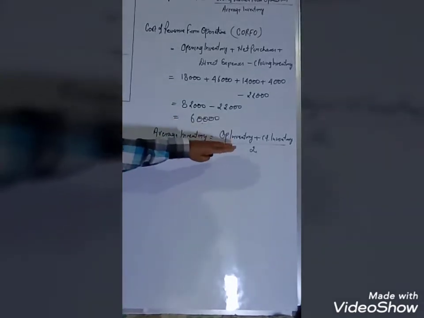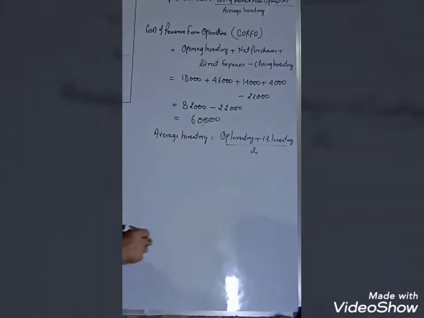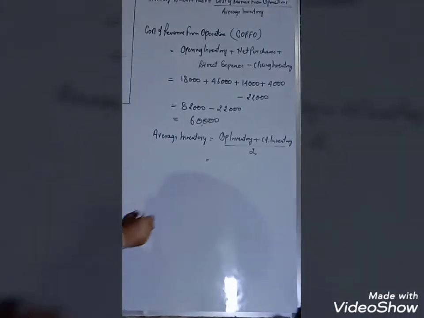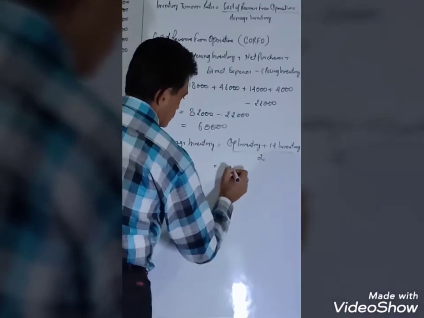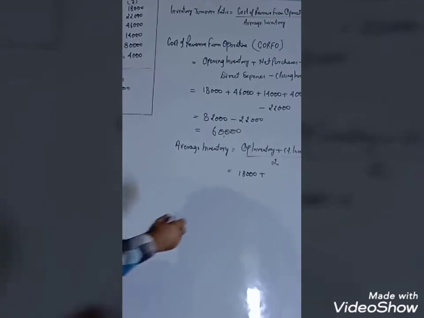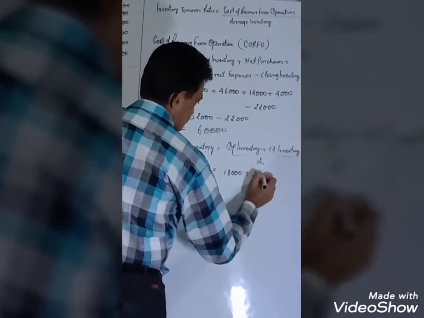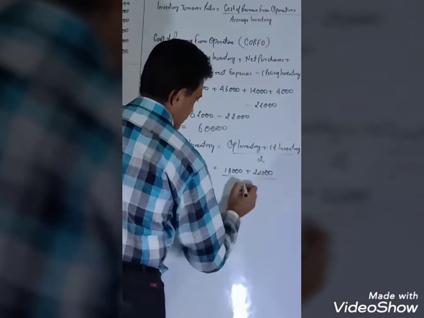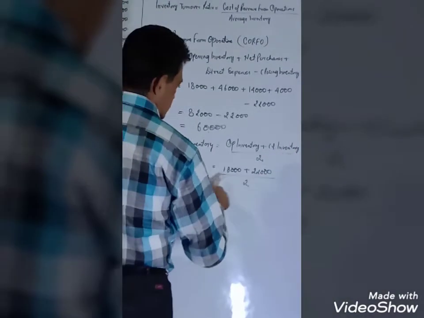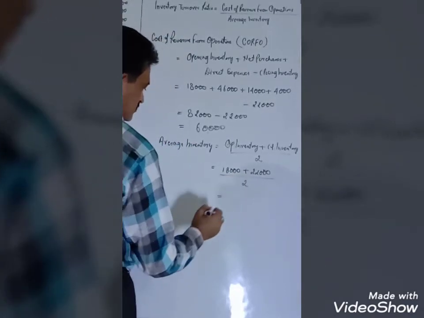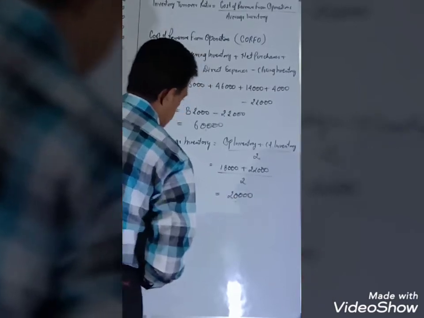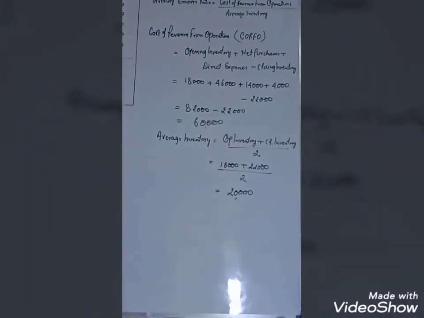Now, opening inventory we have got 18,000 plus closing inventory is 22,000 divided by 2. So this will become 20,000. Average inventory is rupees 20,000.